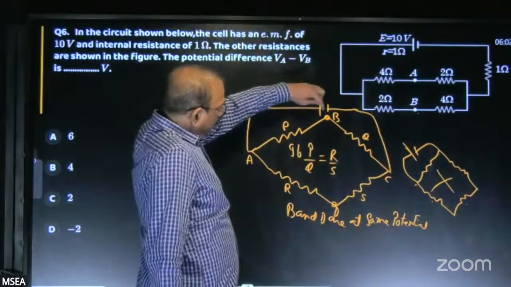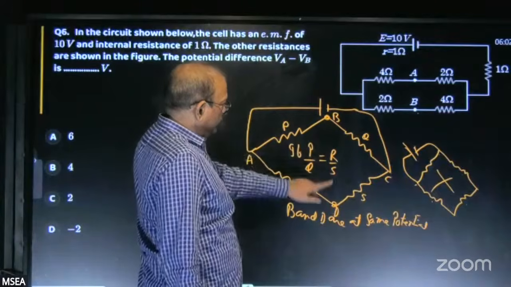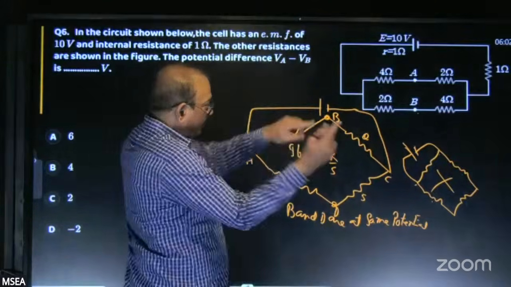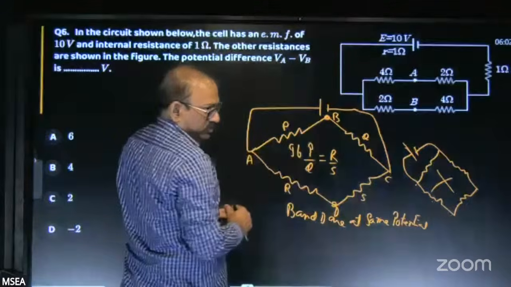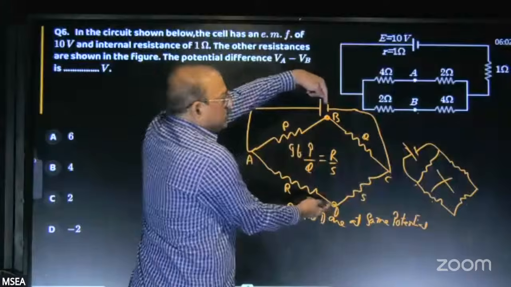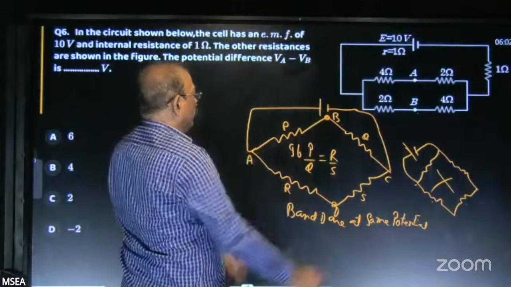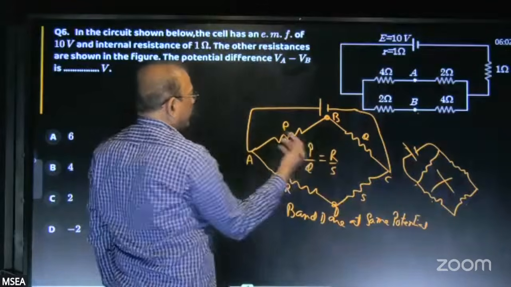The potential difference between these two other opposite junctions will be 0. You connected the battery between one pair of opposite junctions, no? If this ratio is satisfied, the potential difference between the other pair of opposite junctions will be 0. These two are at the same potential.